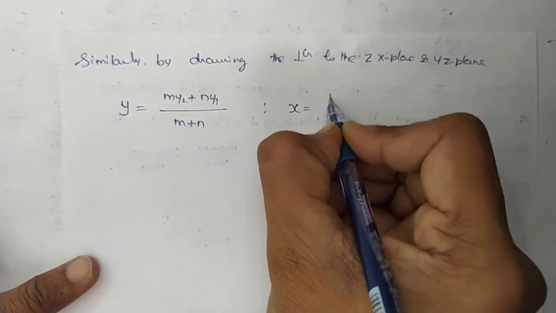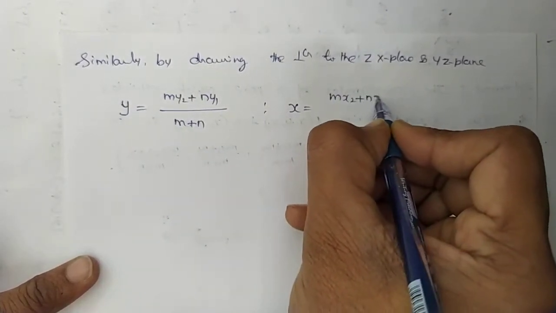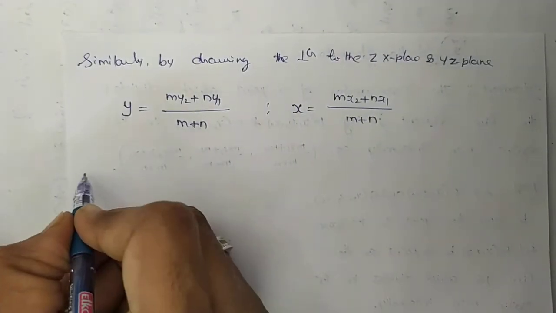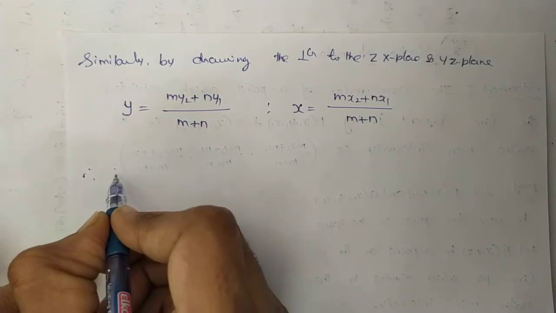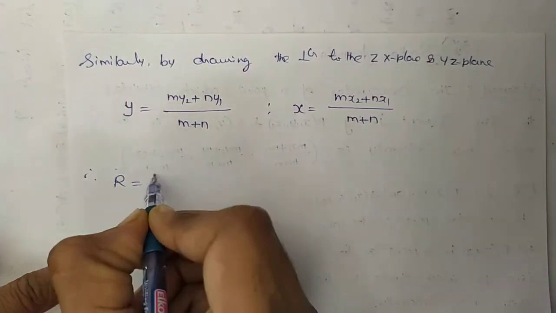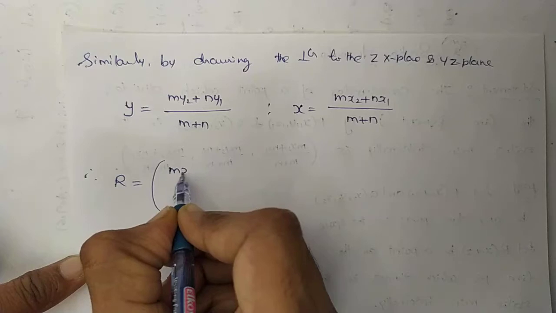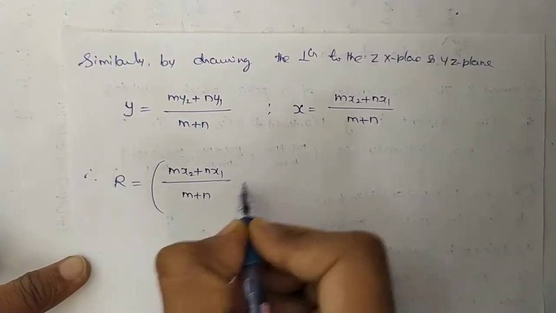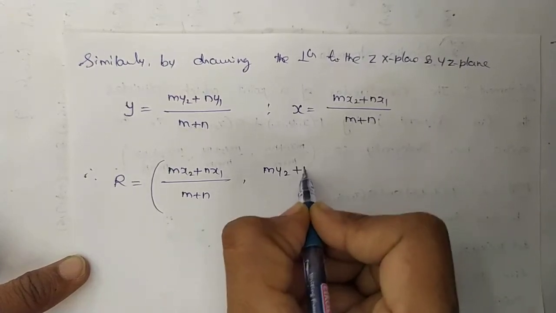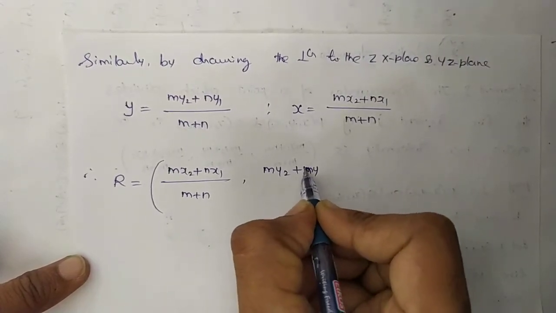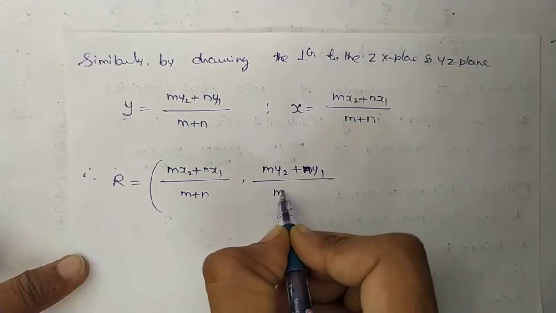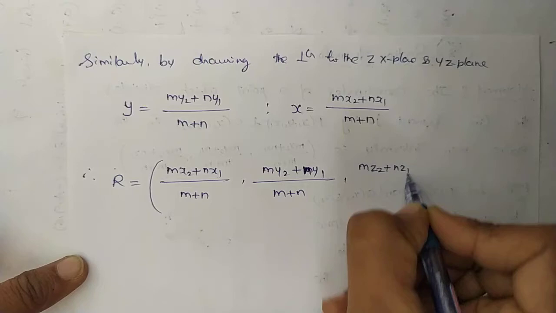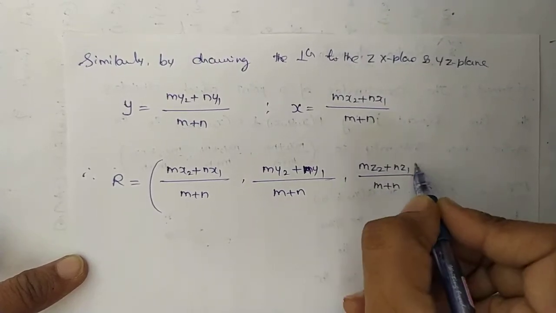X coordinate will be mx2 plus nx1 by m plus n. Therefore, the coordinates of R will be mx2 plus nx1 by m plus n, my2 plus ny1 divided by m plus n, mz2 plus nz1 divided by m plus n.